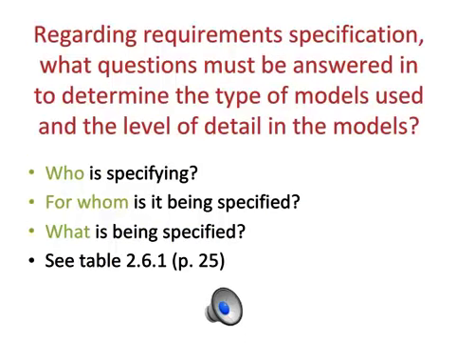When we talk about specifying requirements or creating a requirement specification, we take the requirements that we've gathered during the process of requirements determination, and we represent those requirements. That is, we specify what those requirements are via the models.